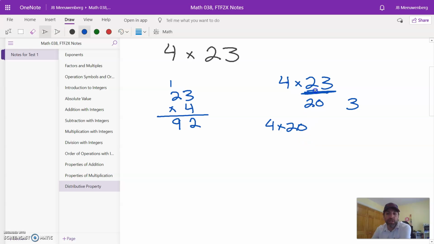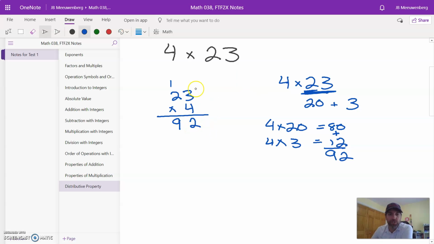Could I multiply just 4 times 20 and then do 4 times the 3? Does that work? Well, 4 times 20 is 80. 4 times 3 is 12. And then I add those two things, because again, 23 is 20 plus 3. If I add these two, I get 92. Oh, it's the same thing.